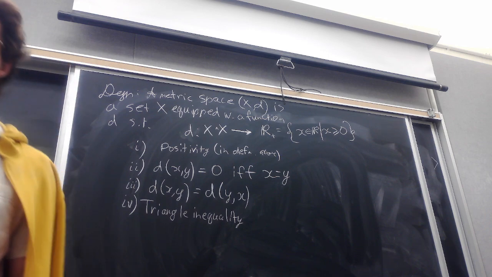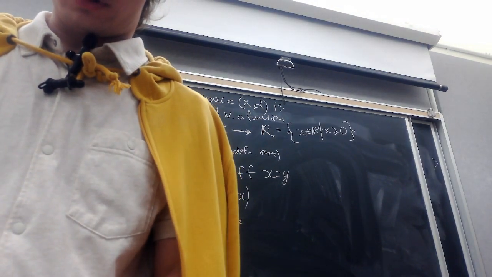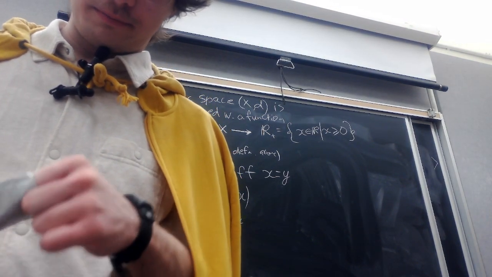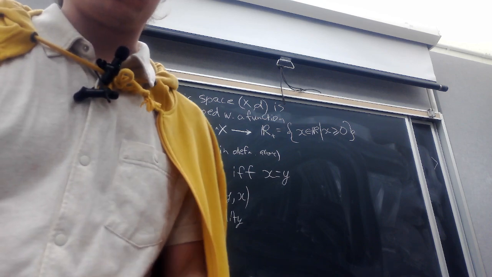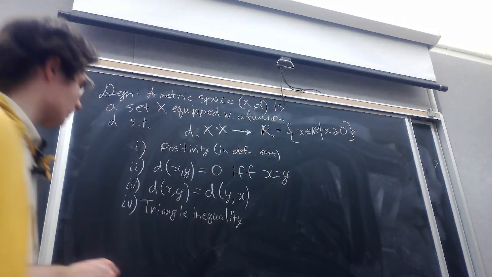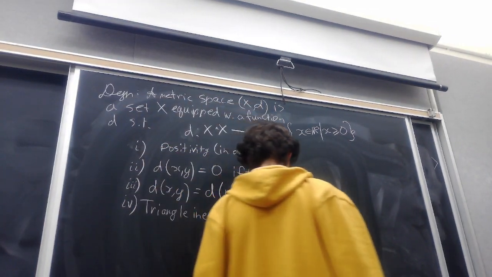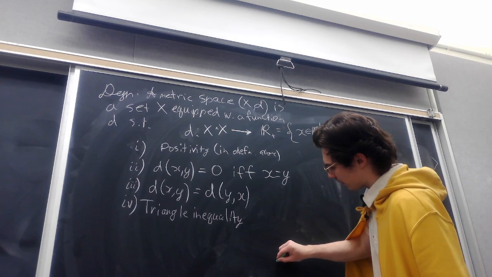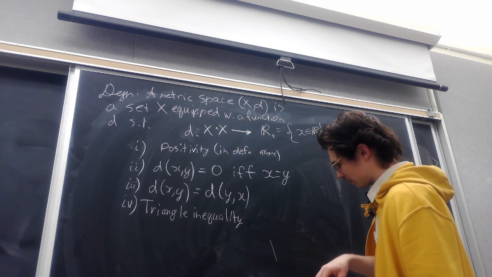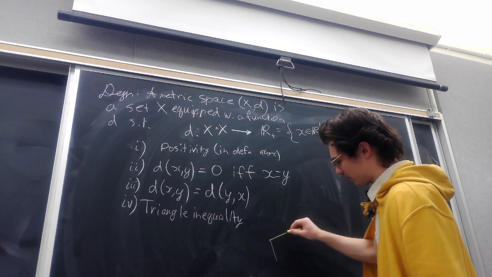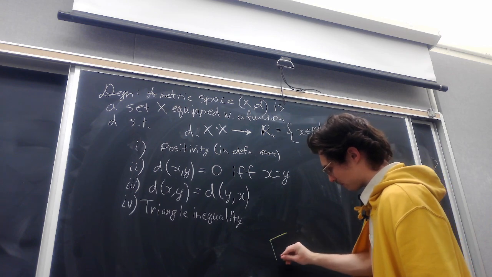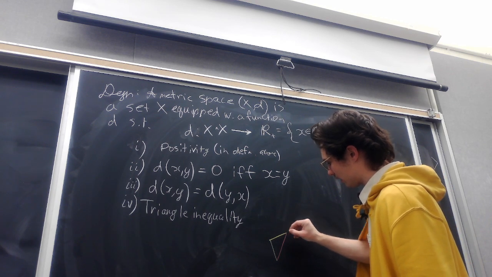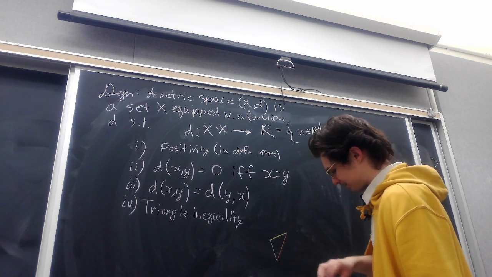Okay, and so let's once again draw the triangle inequality. If I had a triangle with a line like this and a line like this, and this, right? So what do I want?